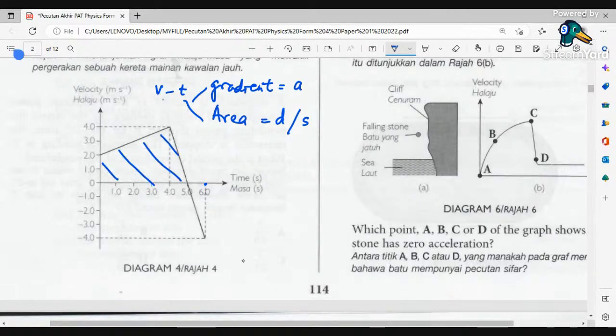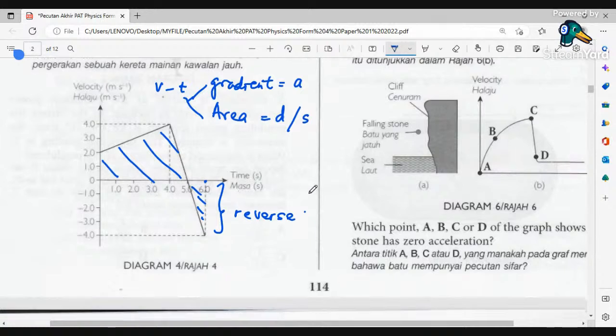For a VT graph, the part at the negative side shows opposite direction. Bahagian ni ialah reverse atau opposite direction. So make sure when you calculate displacement, consider its direction. Kena ambil kira direction because displacement is a vector.